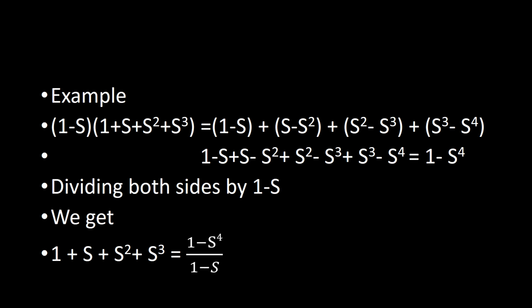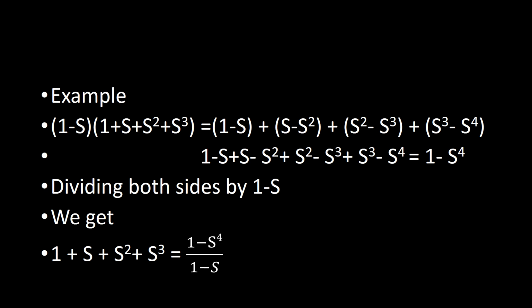So our final result is 1 minus s power 4. Therefore, when we divide both sides by 1 minus s, we get 1 plus s plus s squared plus s cubed is equal to 1 minus s power 4 over 1 minus s.